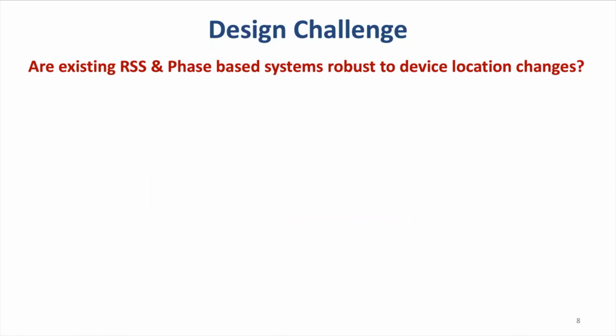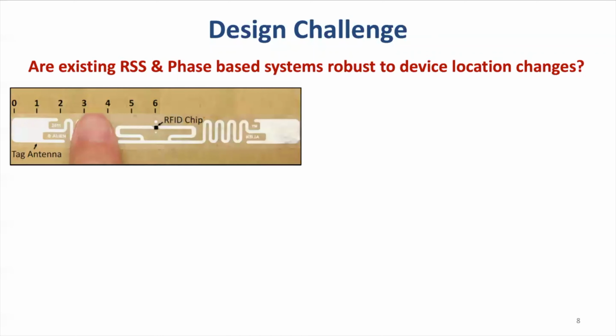Now that I have explained RFIDs to you, we want to learn if we can use RSS and phase to enable robust finger input detection when the location of the input device changes. To do so, following existing work, we measure the RSS and phase when a finger touches different positions on an RFID tag.